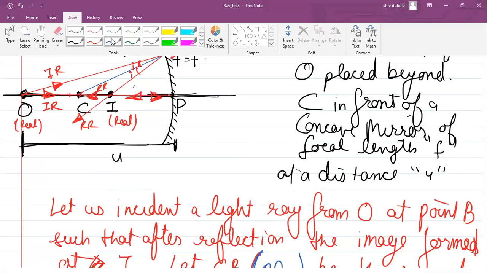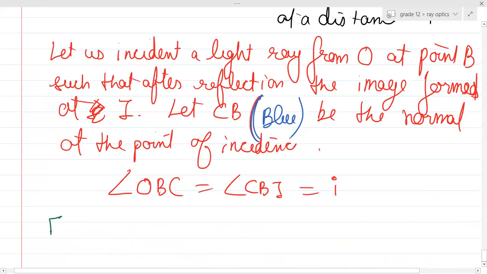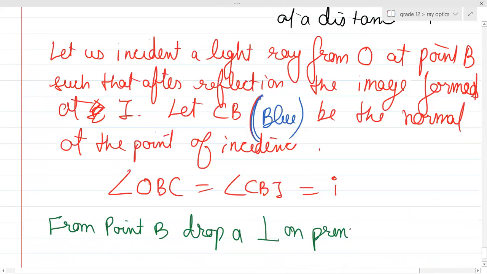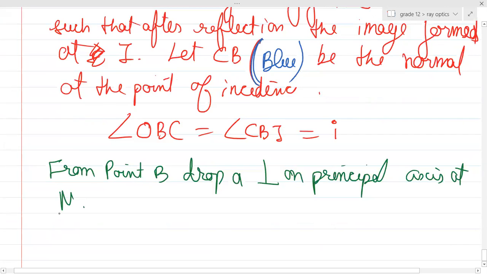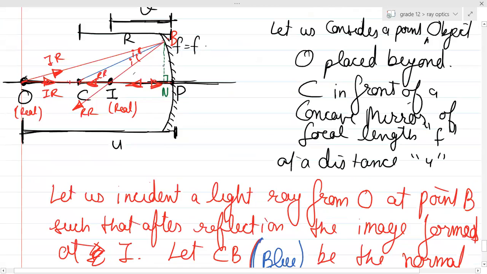So now see very carefully what exactly I'm doing. From point B, I'm trying to draw a perpendicular at point N. From point B, drop a perpendicular on the principal axis at point N. Now since the incidence is paraxial, I told you this incidence is paraxial, right?